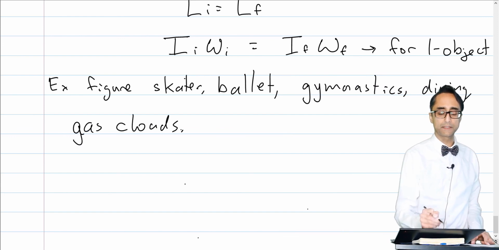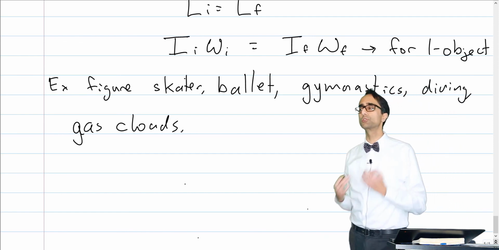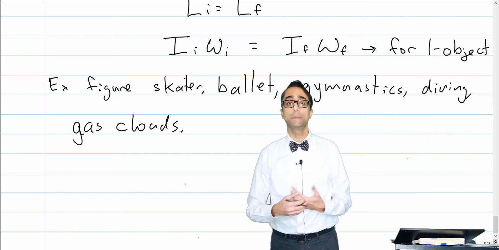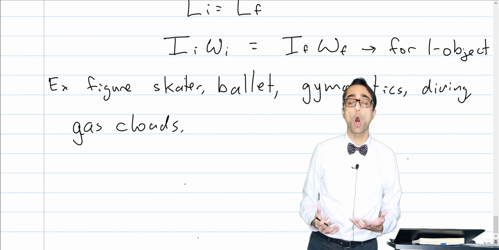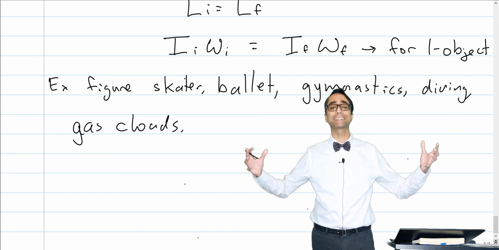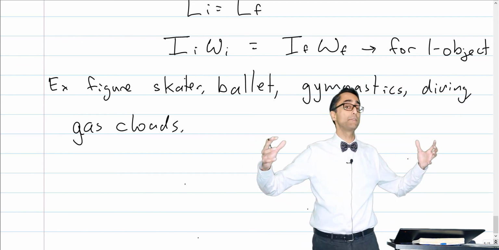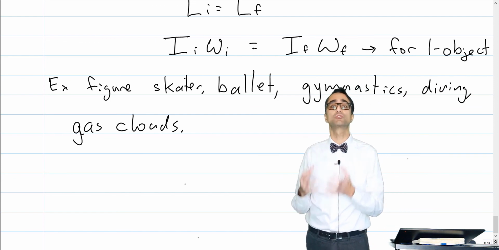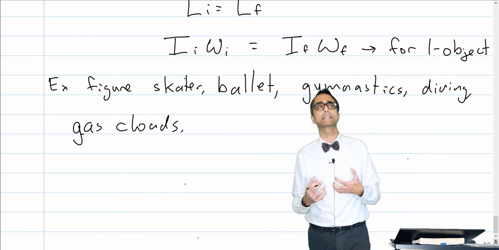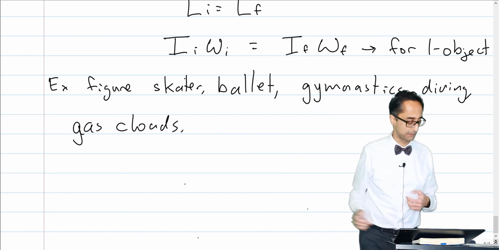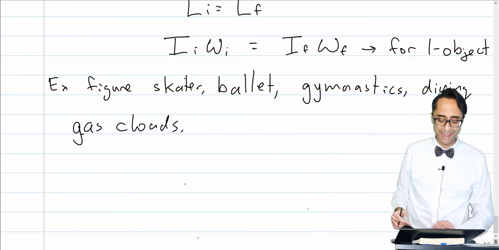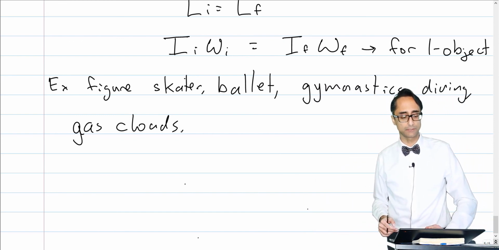A little less obvious, but this is super, super important in the development of many astronomical objects, is large gas clouds that are spinning very slowly, collapsing into much, much smaller disks of gas that are spinning quite quickly and eventually forming new and interesting things.